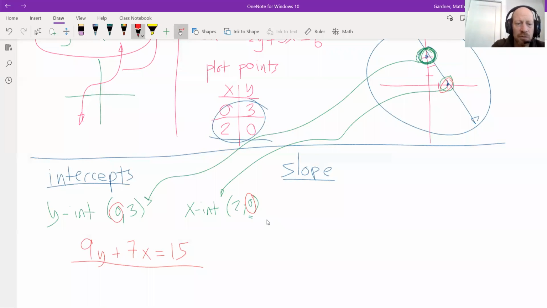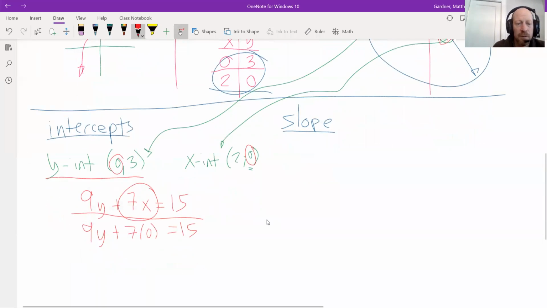If I gave you this equation and asked for the intercepts, you want to recognize that for the y-intercept, I want to set the x value equal to 0. And then I can solve and figure out what the corresponding y value must be. So 9y = 15, so y has to equal 15 ninths.